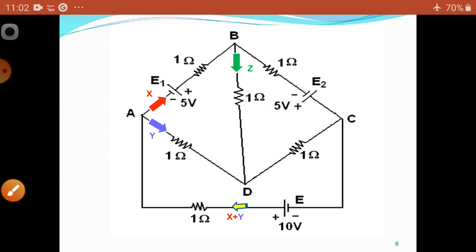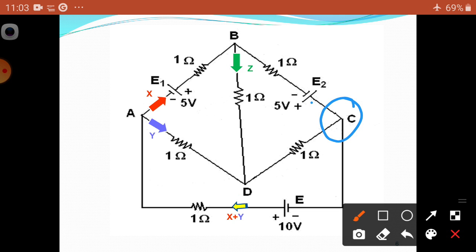Then apply KCL. Y plus Z is going in branch DC. From B and C, whatever the input current, X current minus Z current is in the BD branch. At the C junction, you can observe that this current is entering, this current is entering, and this current is leaving.